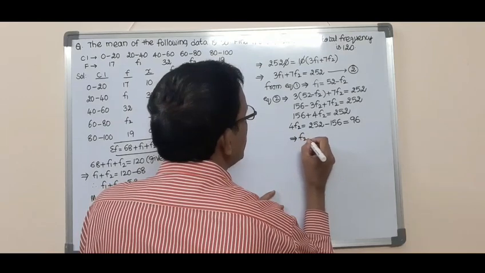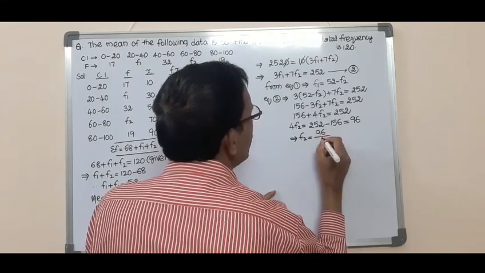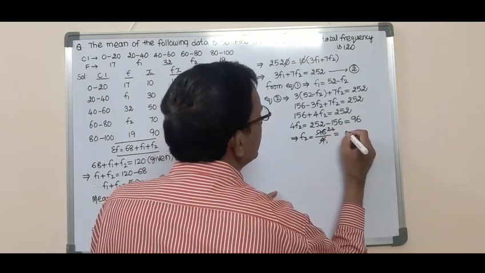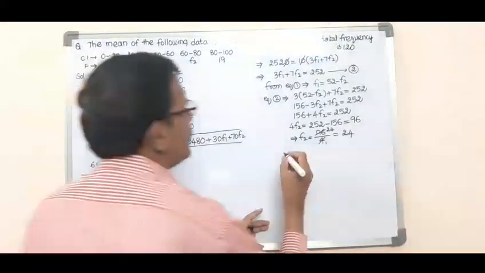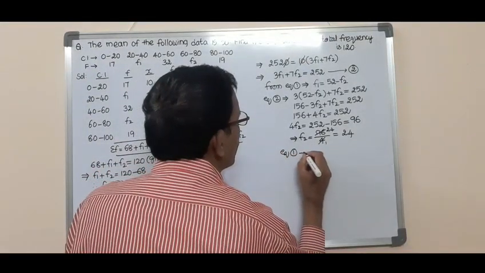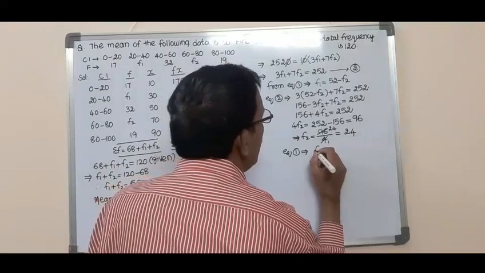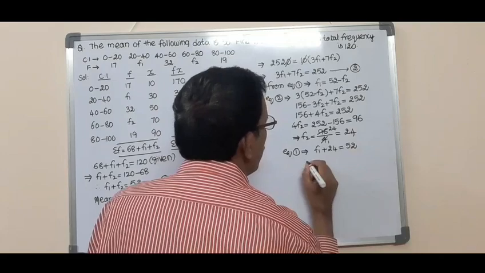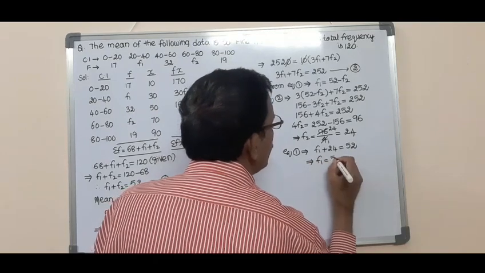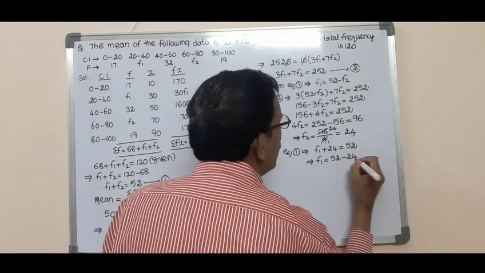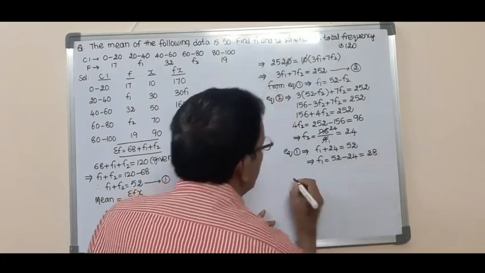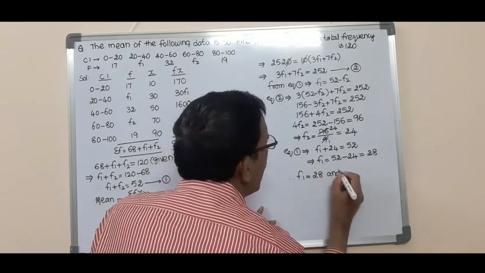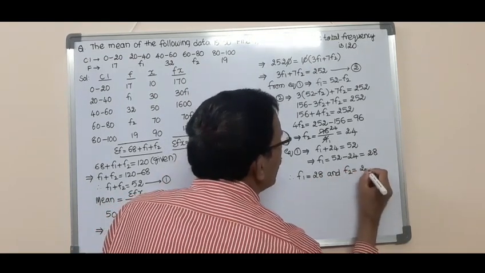Implies f2 is equal to 96 by 4, which is 24. Substituting this value in equation 1, f1 plus 24 is equal to 52. Implies f1 is equal to 52 minus 24, that is equal to 28. Therefore f1 is equal to 28 and f2 is equal to 24.